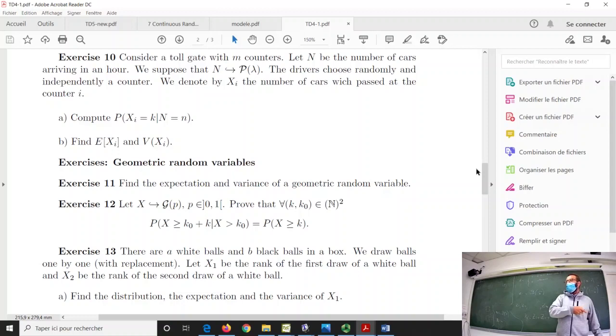And typically, to come back to your point, if I suppose that capital N follows the Poisson, it means that capital N takes the value 0, or 1, or 2, or 3, or 4, 5. It means that it can take small values, big values, average values. So supposing that N is big is a strong hypothesis here that is not true in general. So be careful.